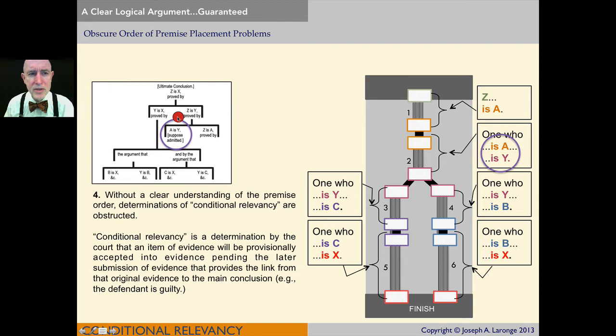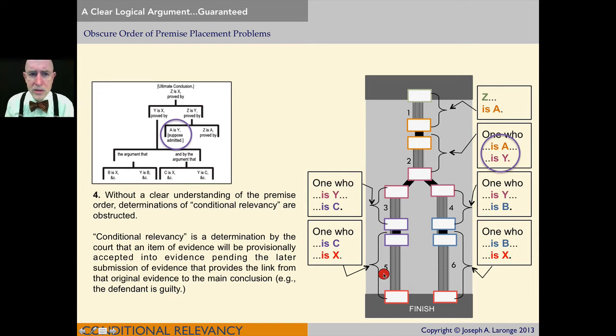But with this obscure order, you don't really know precisely what the links are between here. But it's always obvious with the logic bridge because here's the link, and this tells you these additional premises for this line of reasoning would have to be introduced, and for this line of reasoning, these two premises would have to be introduced.